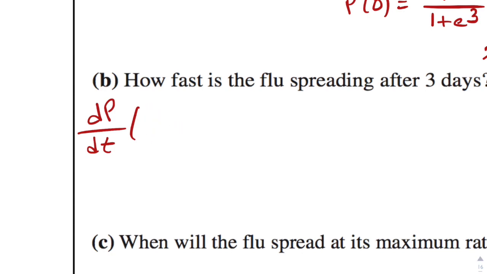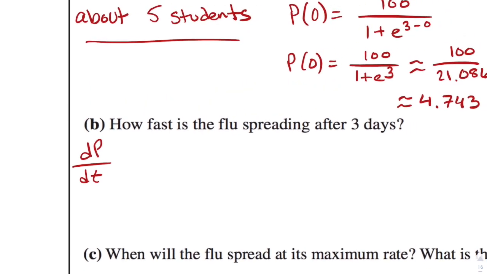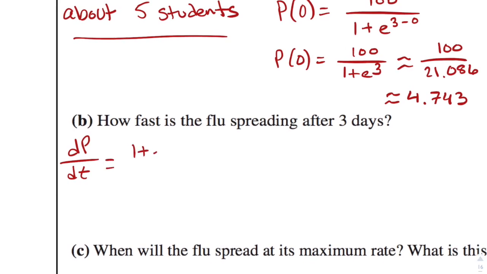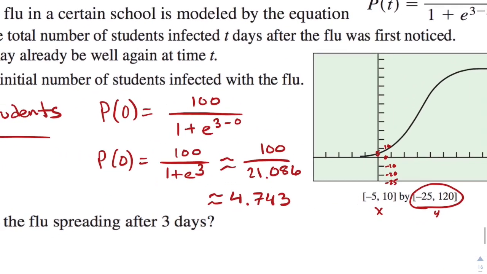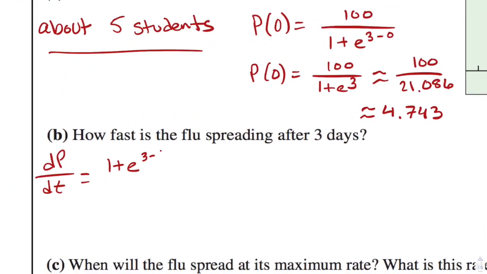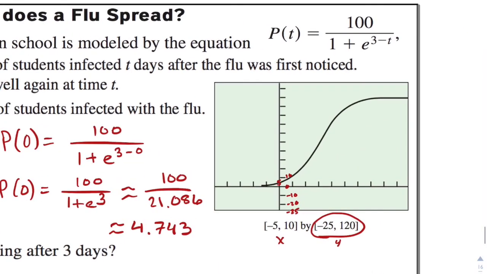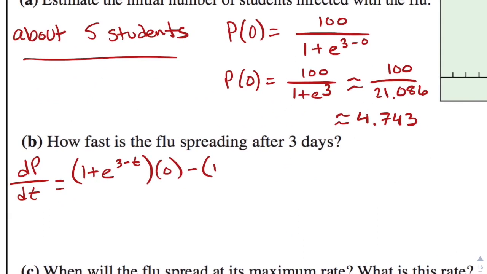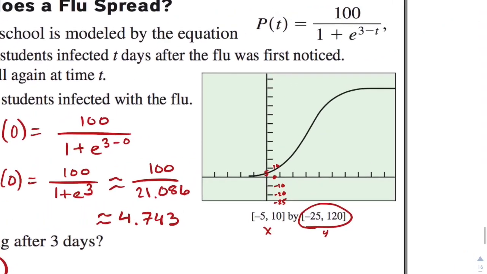So I'm going to find dP/dt, the derivative of P. It's going to be the denominator times the derivative of the numerator, the derivative of 100, which is 0, minus the numerator, 100, times the derivative of the denominator.